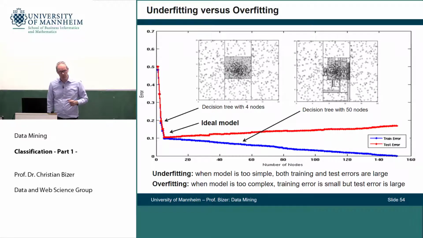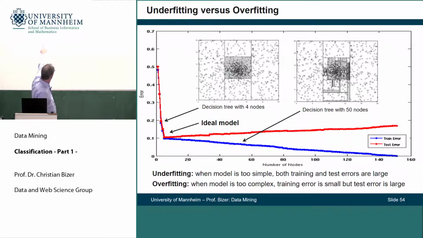The alternative, if we give the model too much freedom, we allow it to grow too much, we get, for instance, this decision tree with 50 nodes that we see in the second picture. We already see that it models outliers, so there are these strange regions which model single plus signs. So again, this model is overfitted.